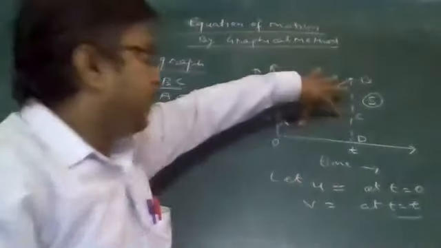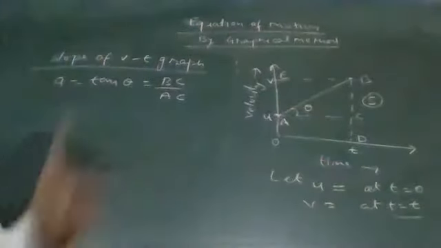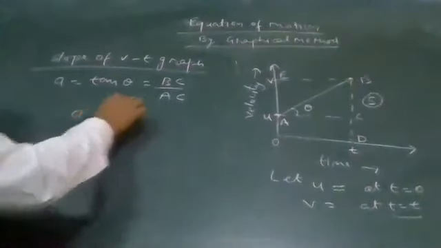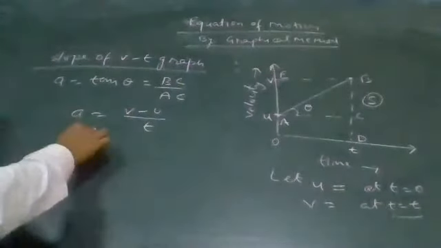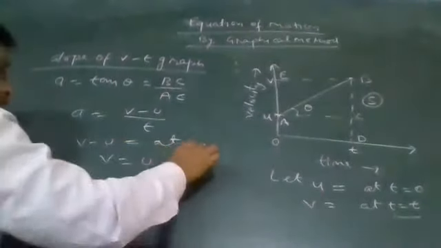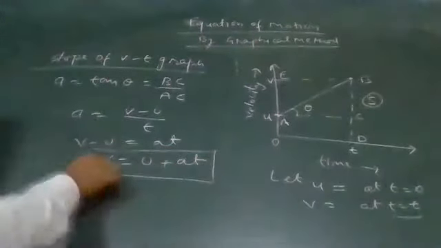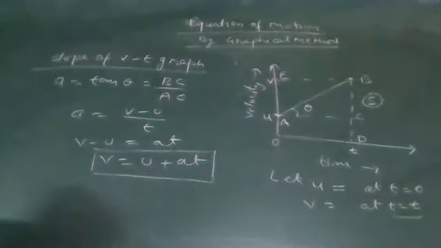AC can be replaced by OD, which is t, and BC we have calculated as v minus u. So v minus u is equal to at. That means v is equal to u plus at. This is the first equation of motion, which is termed the velocity-time relation.